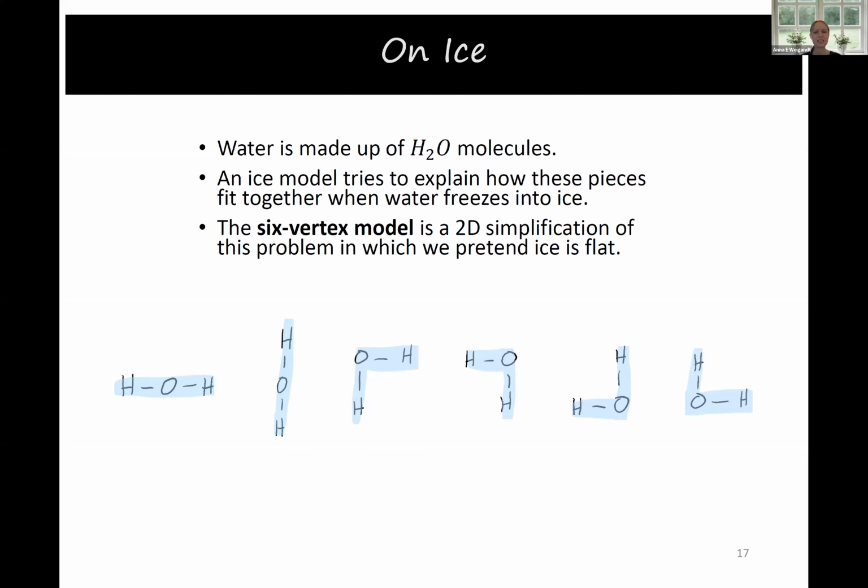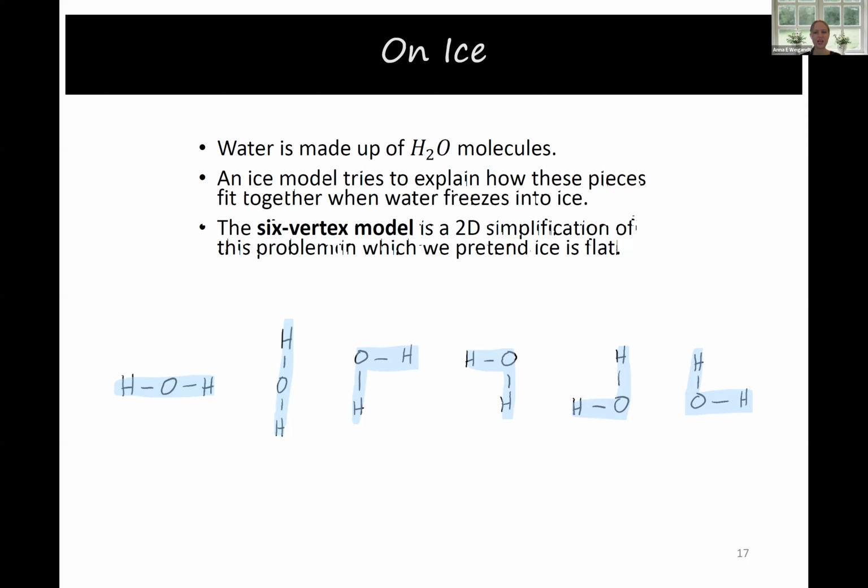And the 6-vertex model is a 2-dimensional simplification of this scenario because 3D things are hard, 2D is a little bit easier to deal with. And when our ice freezes, we're assuming that our molecules arrange themselves into these rigid configurations that you see here, 6 different types of these configurations.